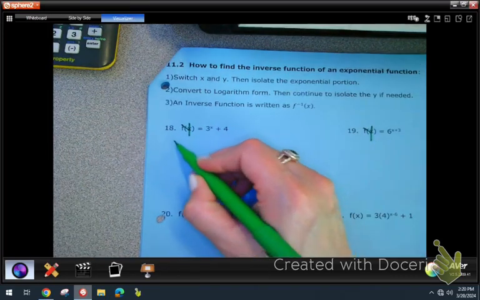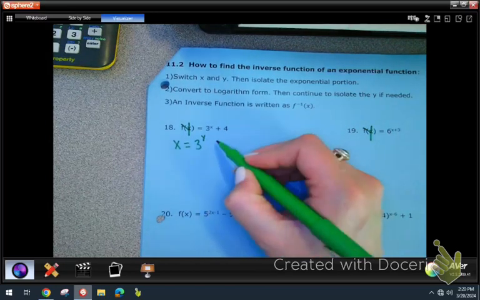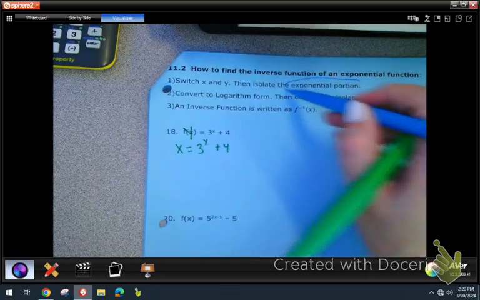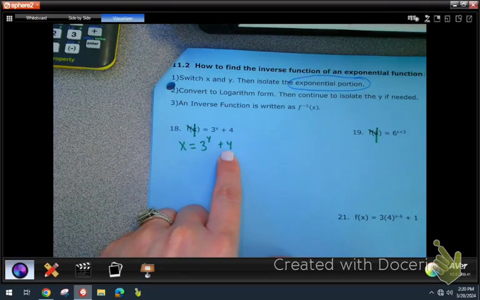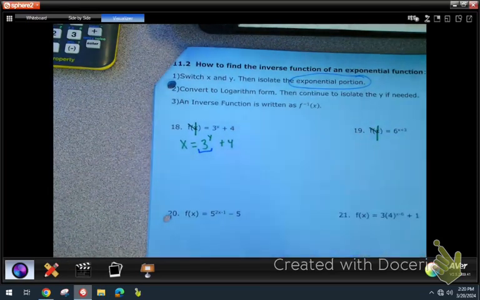So this is going to say x is equal to 3 to the y plus 4. Now, you really got to pay close attention to what's in the exponent and what is not. Because, again, your step 2 is to get the exponential part all by itself. So that means this plus 4 needs to go to the other side so that this is my only exponential part right here.